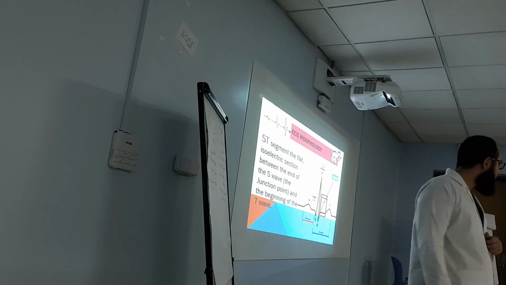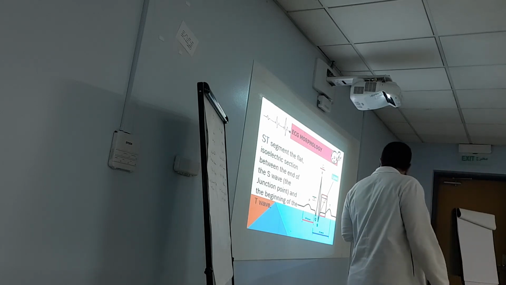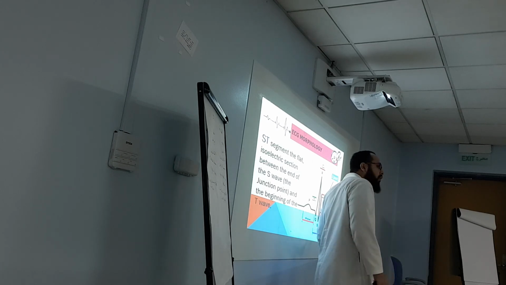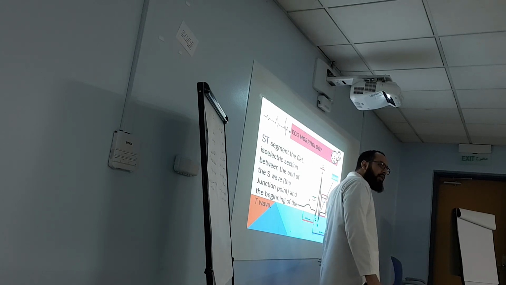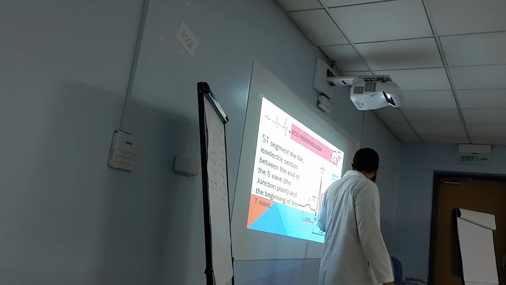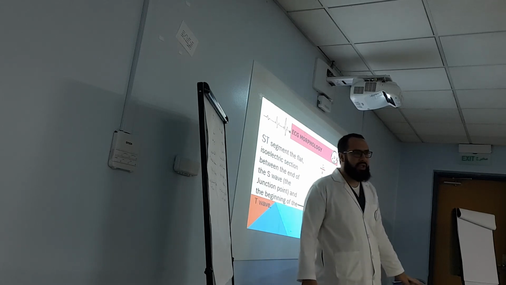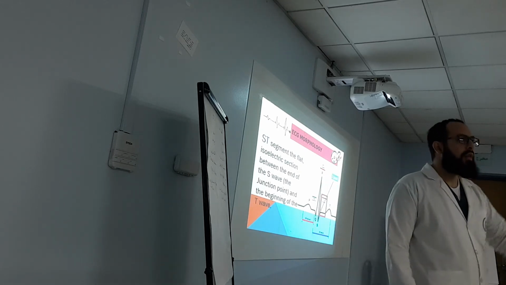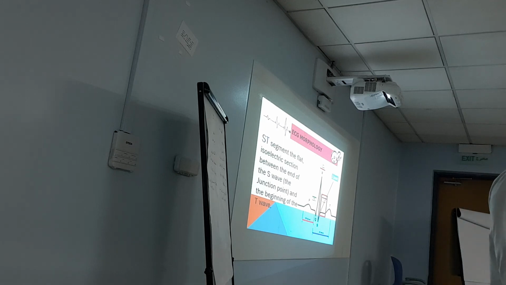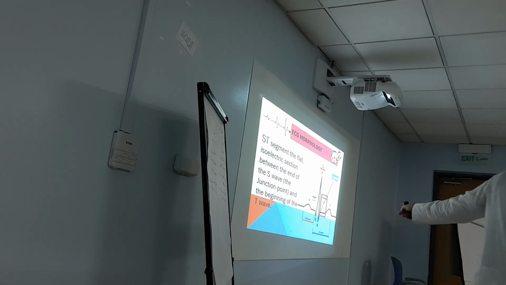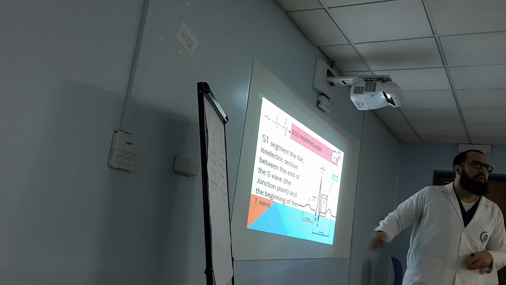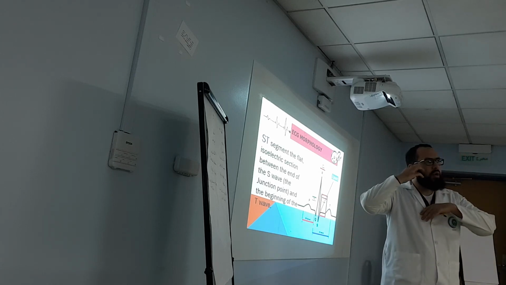Let's say the S wave will start to go up. It's going down. You have the Q wave, positive or negative deflection? Negative. Then the R wave, positive. Then the S wave, negative. Then it will go back to the isoelectric line. Now, this is a perfect ECG. It will never come like this. Maybe you have noise, or something else.